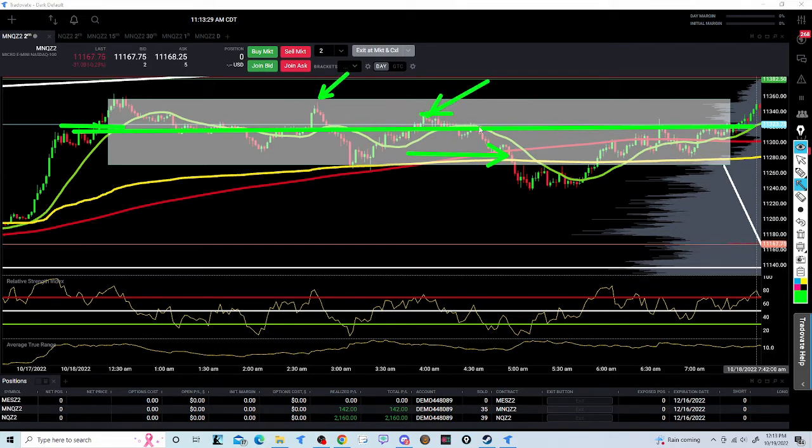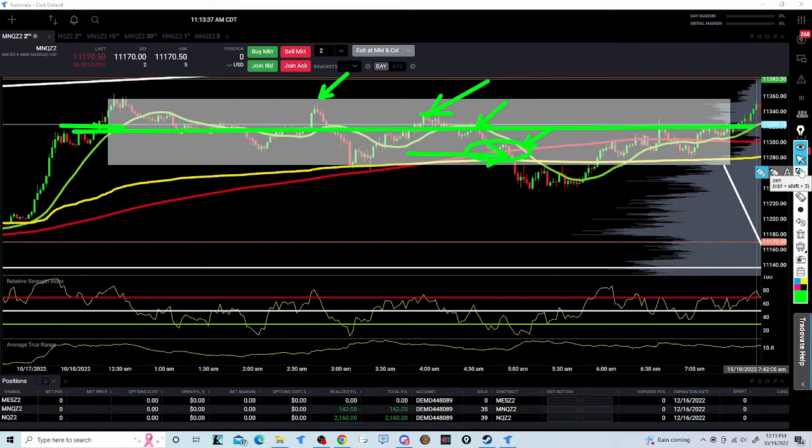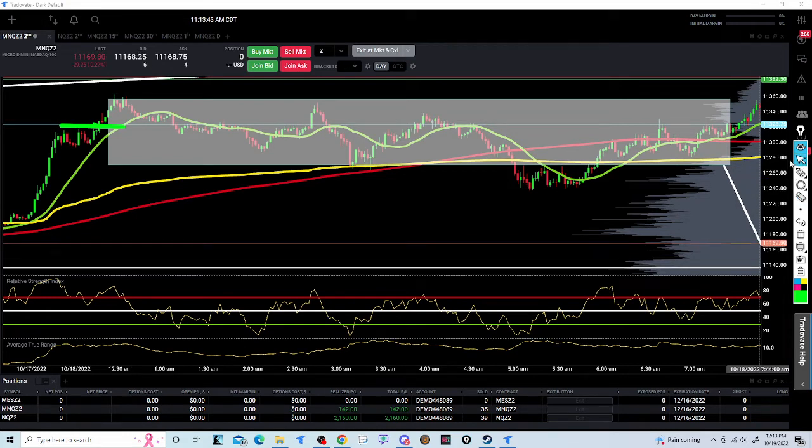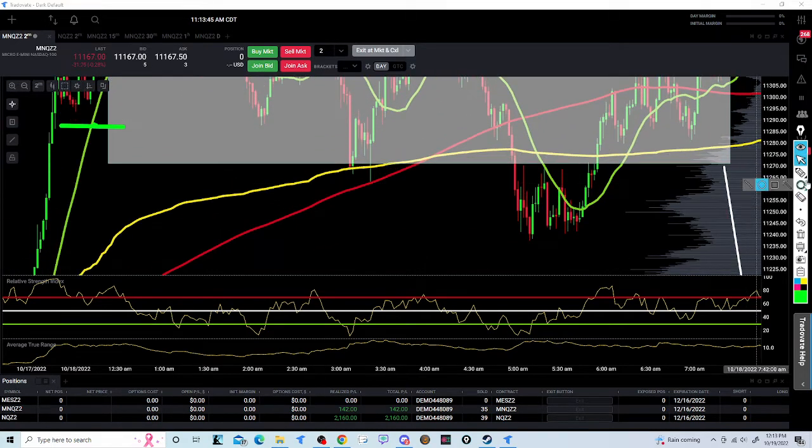Here's 75, 50, bottom 25% of that range. Couldn't ask for anything better. All right? Here's your confirmation. Get ready to enter. Here's your entry. Here's your stop loss.